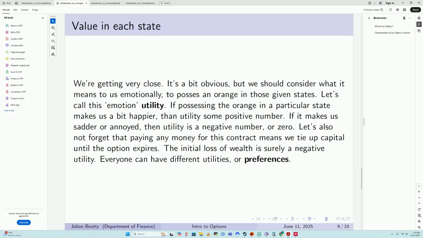And if it makes me sadder or annoyed, then the utility is negative, or perhaps zero. And then let's also not forget that paying any money up front for this contract means we tie up capital until the option expires. And so the initial loss of wealth is surely a negative utility as well. Everyone can have different utilities. They can assign larger numbers or smaller numbers to any of these outcomes. And we can just call this preferences.